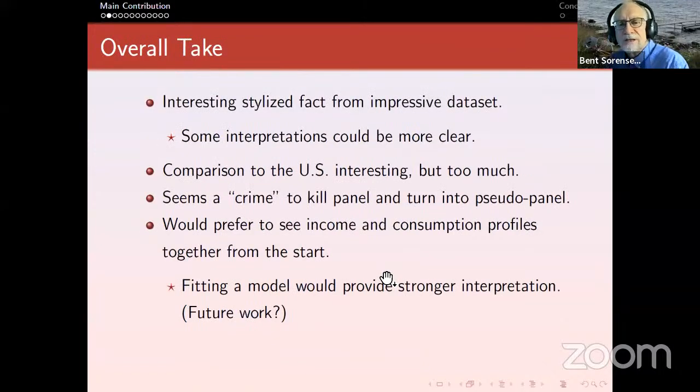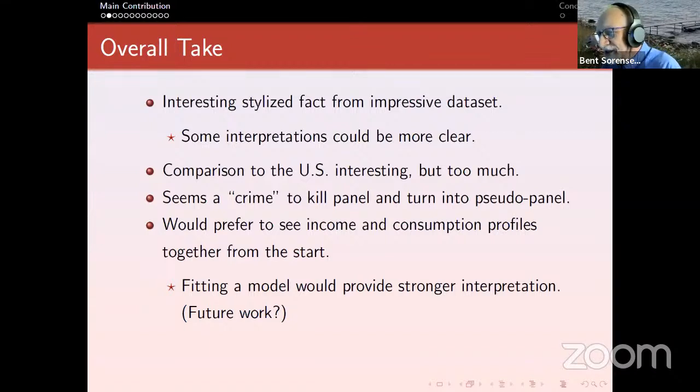So my overall take is that this is a very interesting set of stylized facts from a very impressive data set. It's actually very impressive. I hope to get some of my students to use it. But I do find that some of the interpretations could be quite a bit clearer. The comparison to the US is interesting, but I'm not sure why.